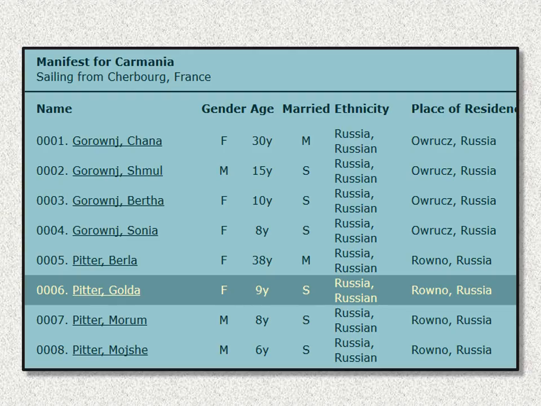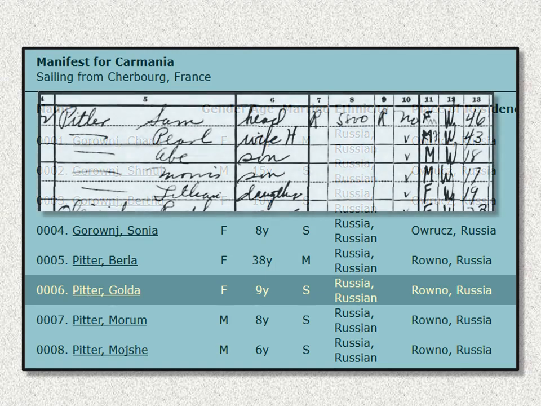The next step is to find the ship manifest, either this transcription or then the actual manifest. You always want to see the actual manifest. And here now I see for the Carmania that the mother is a person by the name of Burla Pitter. Well, it doesn't look like Pearl.